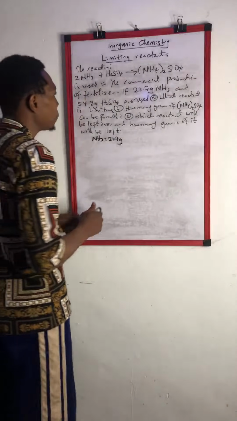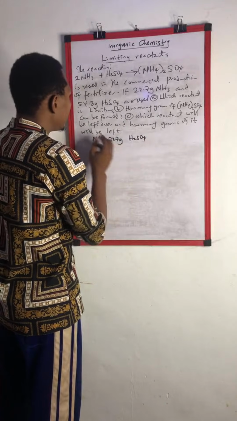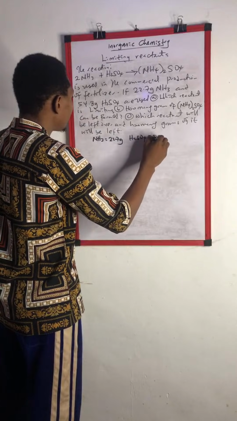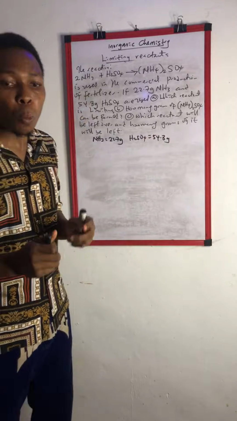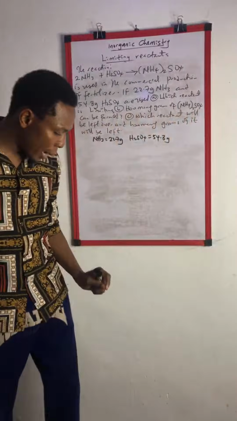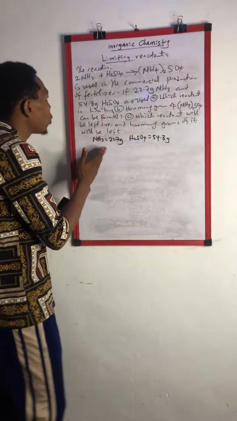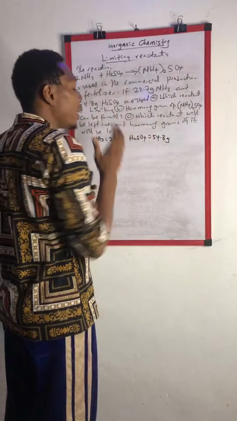Now we are also given our H2SO4 to be 54.8 grams. Remember, I said once you do your computation, you look for the number of mole of ammonia. You also look for the number of mole of H2SO4.